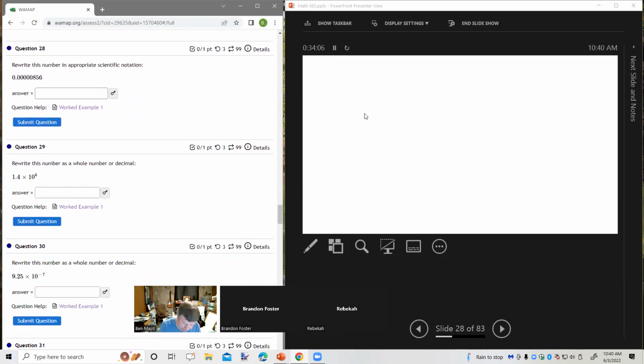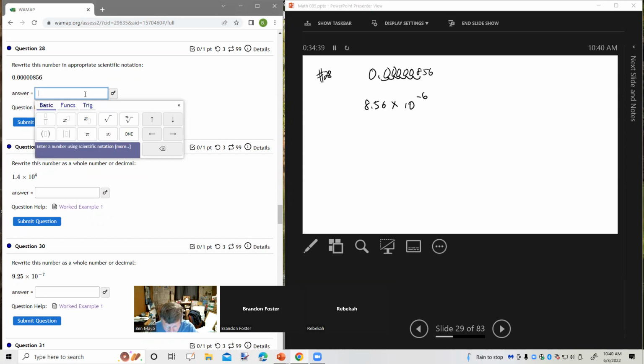28. Rewrite this number in appropriate scientific notation. 0 point, let's see. We have 1, 2, 3, 4, 5 zeros followed by 8, 5, 6. Let's make sure here. 1, 2, 3, 4. Yeah. So 8.56 times 10 to the 1, 2, 3, 4, 5, 6, but that's going to be -6 power.